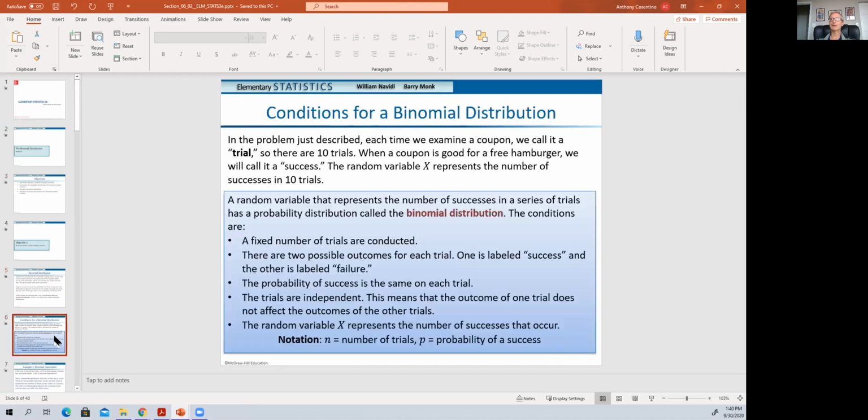And so let me go through the definitions of what you need to be a binomial distribution. And like I said, the book does a good job with this. So this idea in the shaded area is a random variable as a binomial distribution for a series number of trials. So the first thing that has to happen is there has to be a fixed number of trials. 10 people getting a coupon, for example.